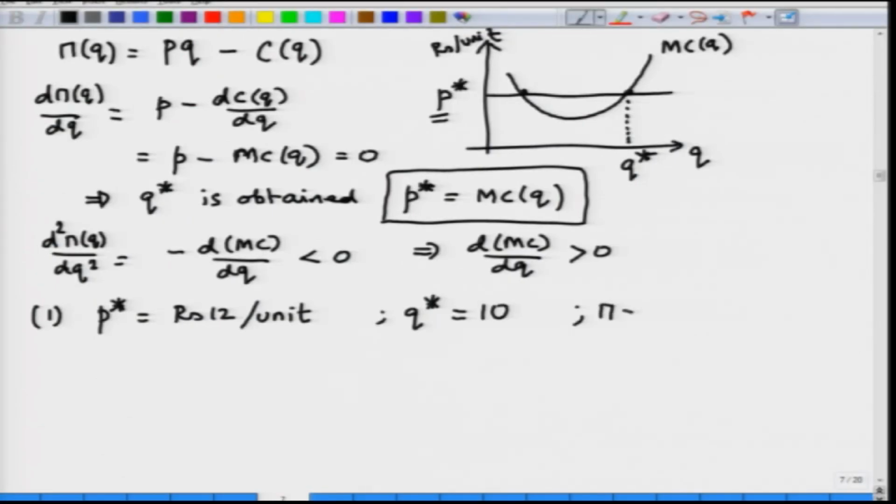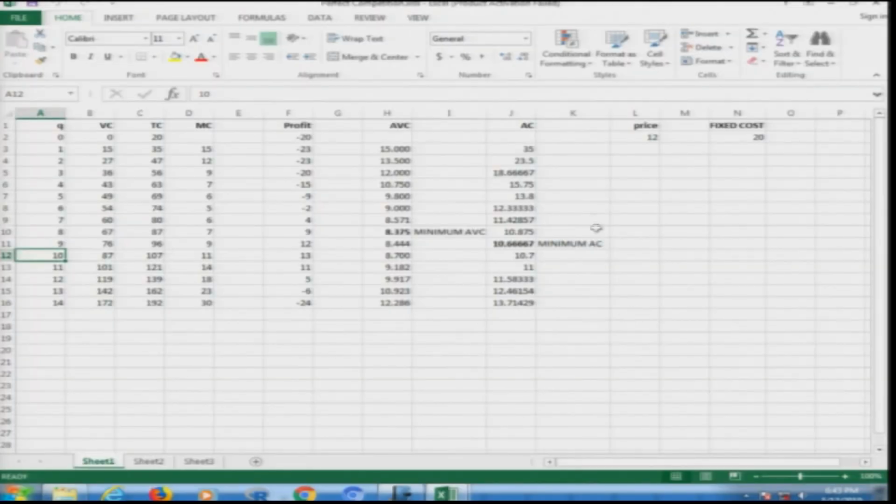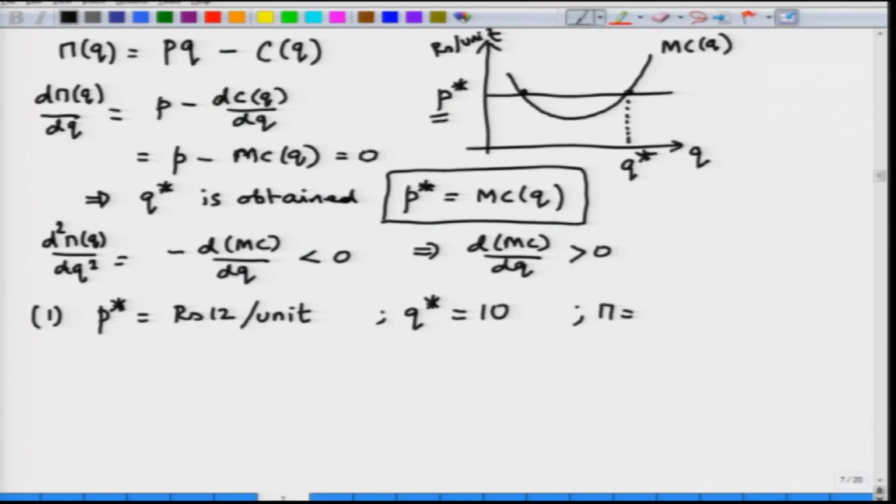And what is the profit that the firm gets? The profit that the firm gets is the total revenue minus the total cost. Well, the total revenue is 12 times 10, which is 120, and the total cost is 107. So, the total revenue minus the total cost is the profit, which is equal to 13 rupees. So, the profit is positive, which is nice for the firm.